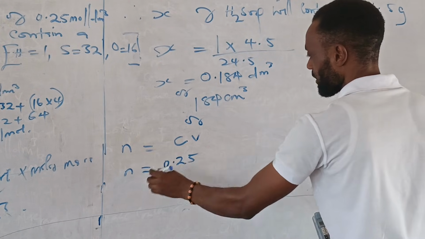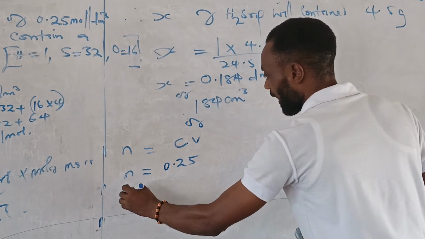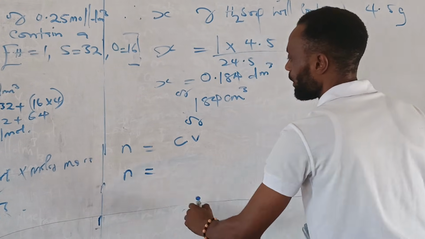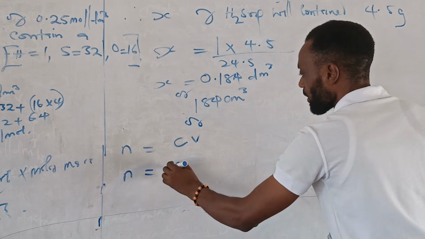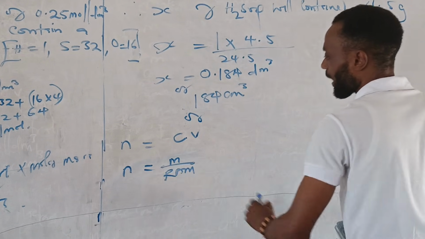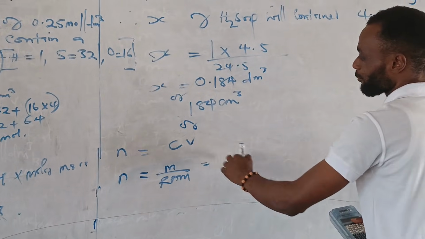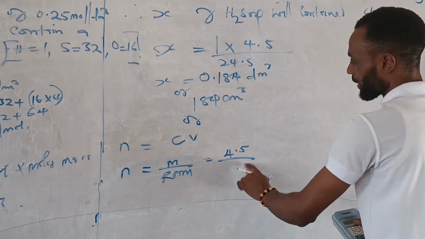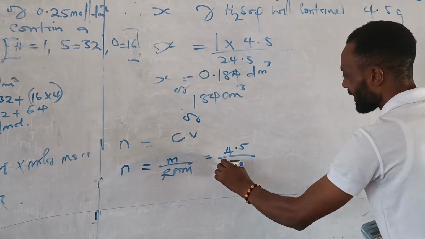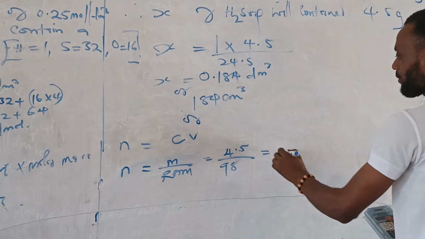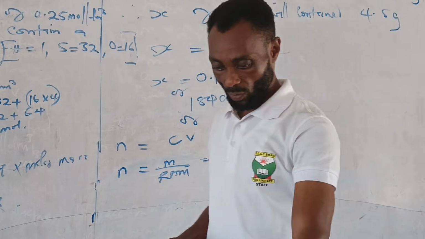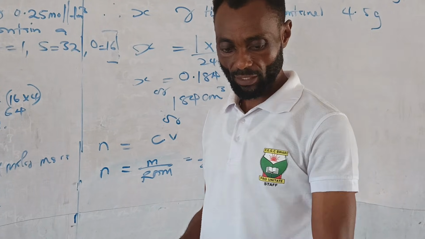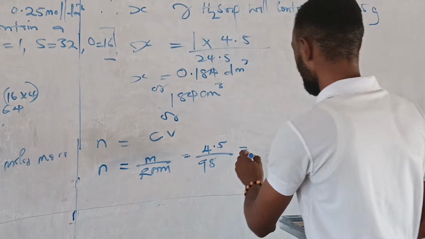And N is also equal to M over RAM. From the question, our mass here is 4.5 divided by the RAM of H2SO4, that will be 98 grams. Using your calculator, we are going to have 0.0459.